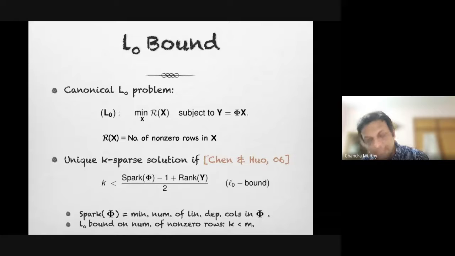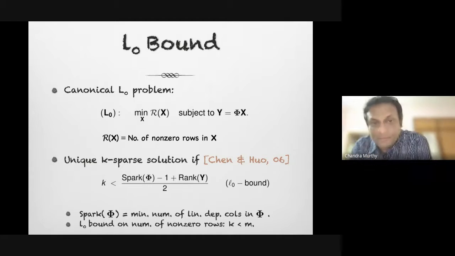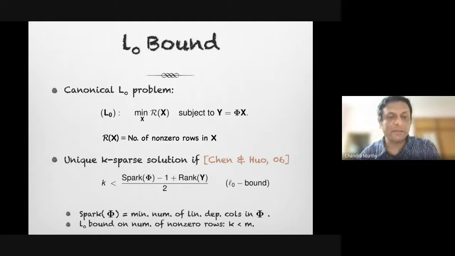So before proceeding further, one basic result on the minimization of the number of non-zero rows in X subject to Y equal to phi X is that you are guaranteed a unique k-sparse solution provided k is less than some upper bound, which involves the spark of a matrix. If you haven't heard of spark, it's not difficult, so don't worry about it.